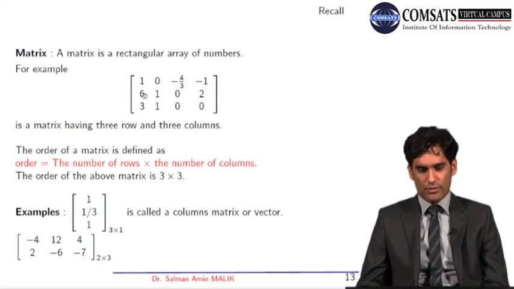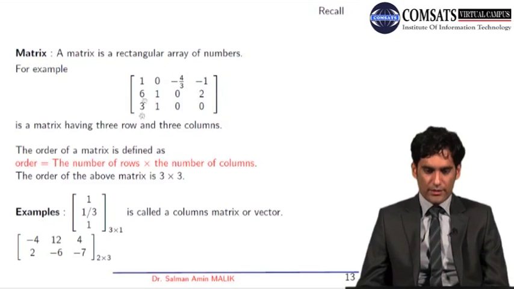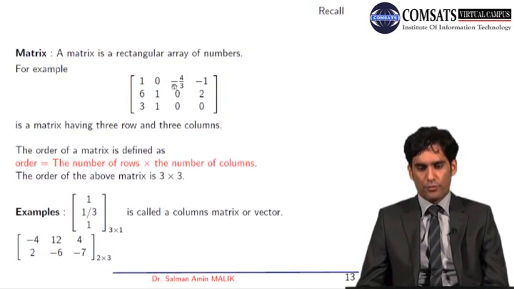These are the rows of the matrix, 3 rows. This matrix has 3 rows, and the vertical entries are defined as the columns of the matrix. So these are the columns, and this matrix has 3 rows and 4 columns: 1, 2, 3, 4 columns.